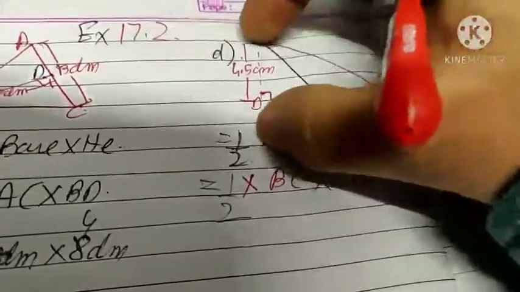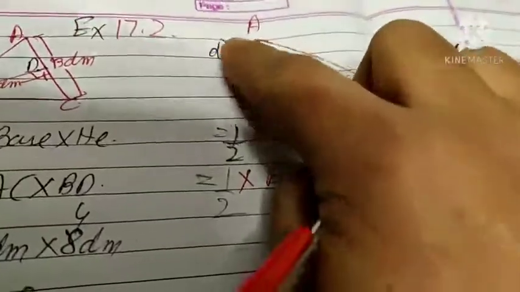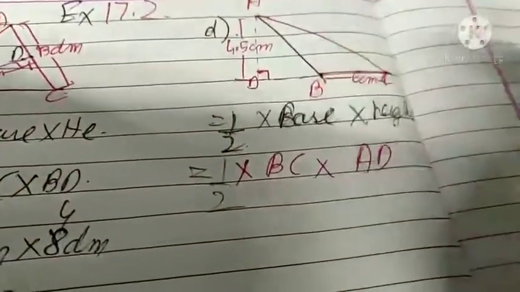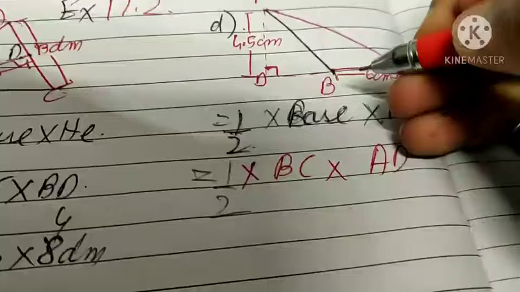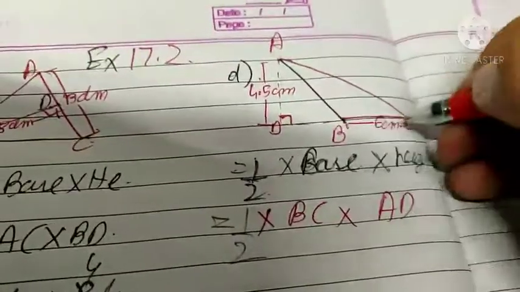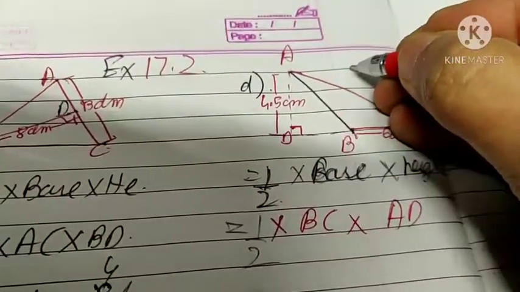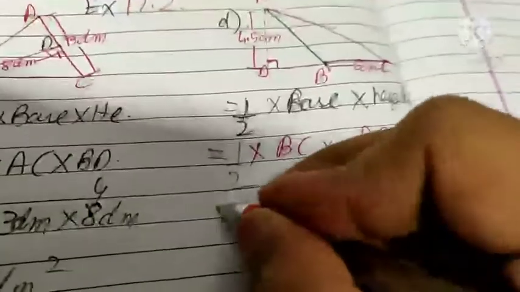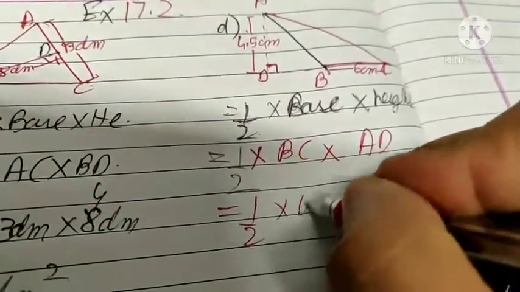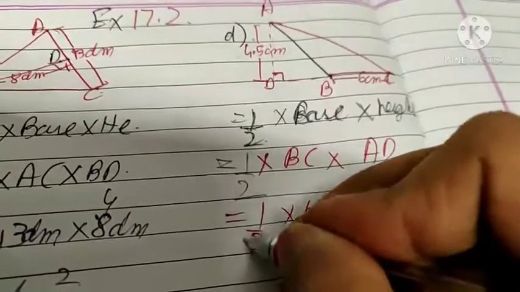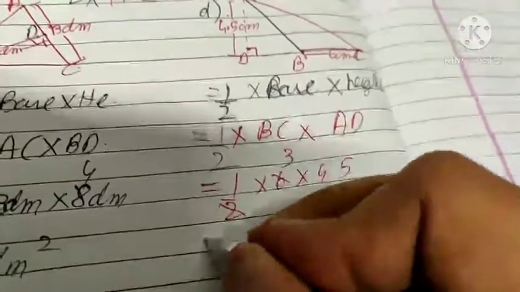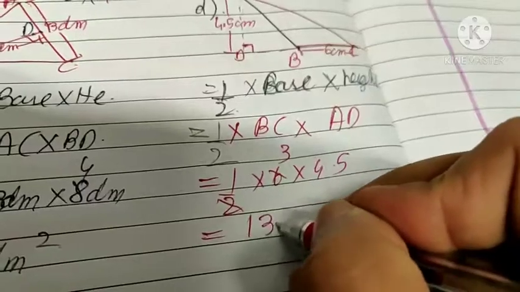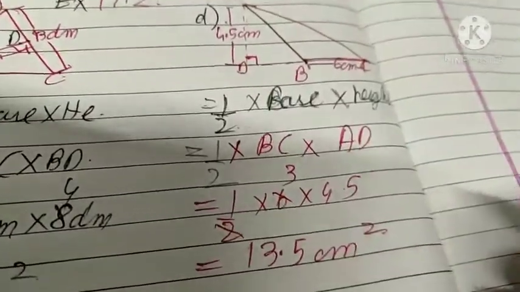This is the base and this is the height between this. Look, you may find this is outside the triangle, but what is the basic intention? We have to find the perpendicular distance between this side and this top, which is 4.5. So half into 6 into 4.5. Cutting it by 3, it is 13.5. It was centimeter square.